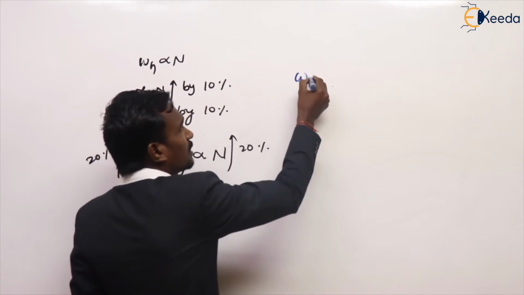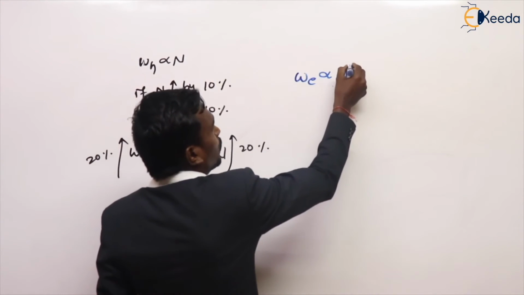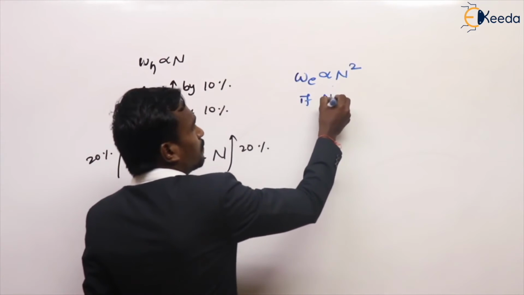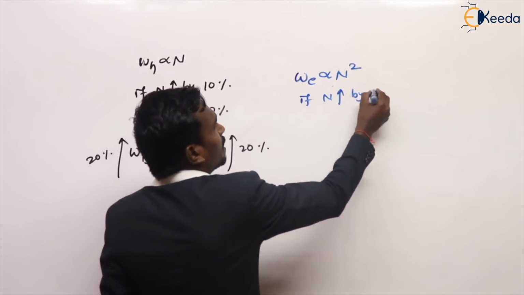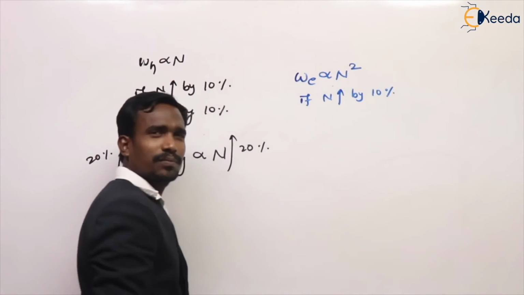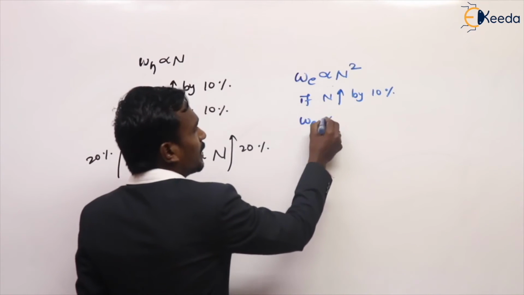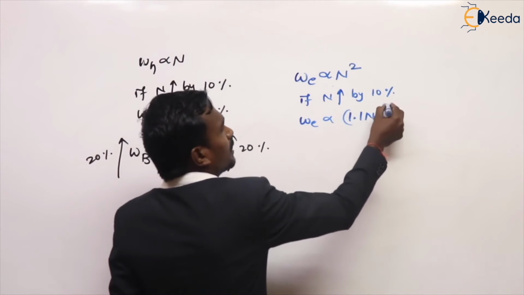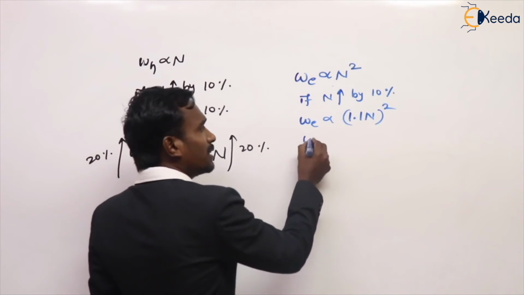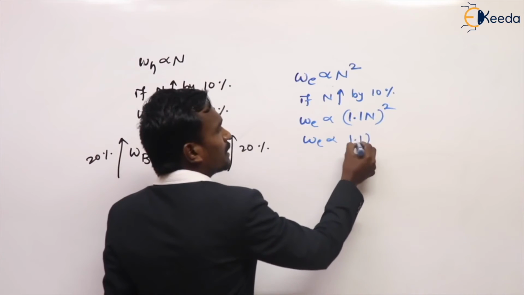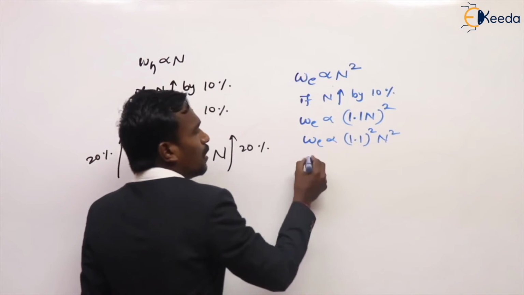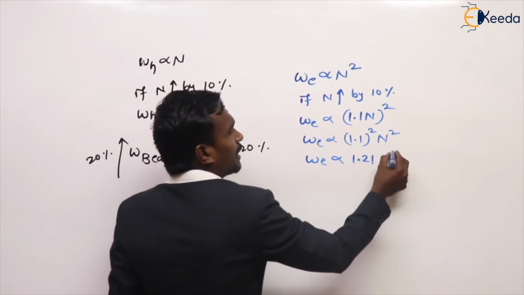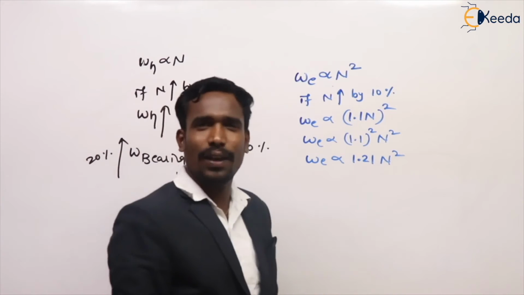What about the next one? Eddy current loss is directly proportional to n square. For example, if speed is increased by 10%, what about eddy current losses? It is directly proportional to 1.1 n square, that is 1.1 square times n square, which is 1.21 n square, because 11 square by 10 square.